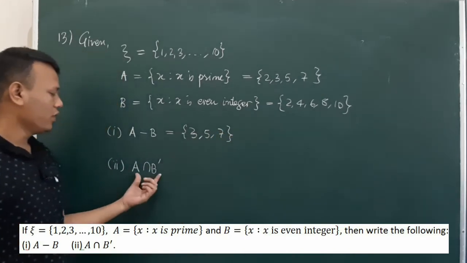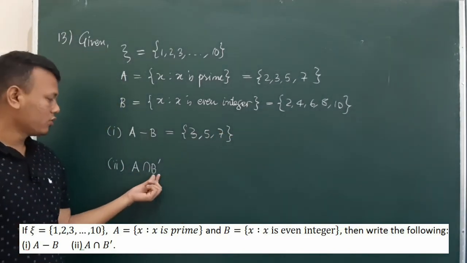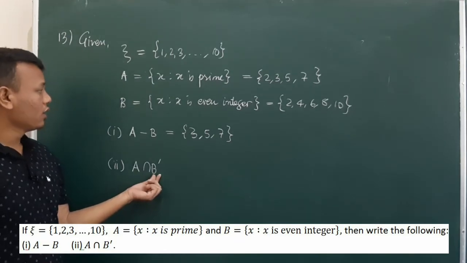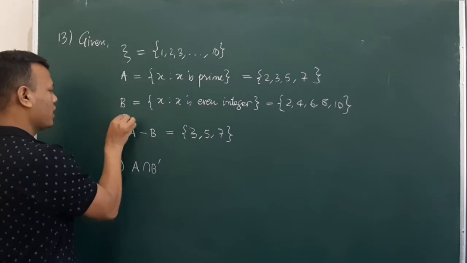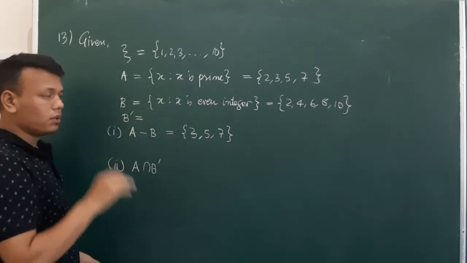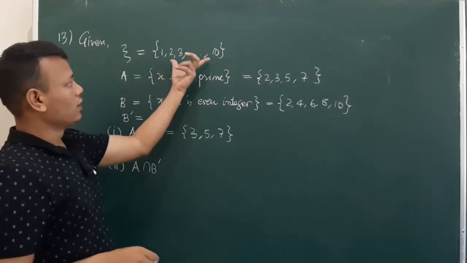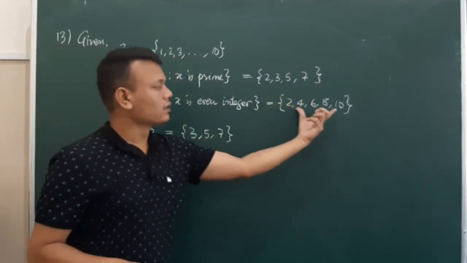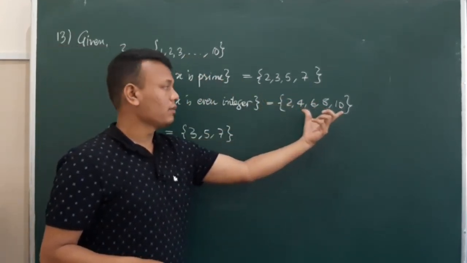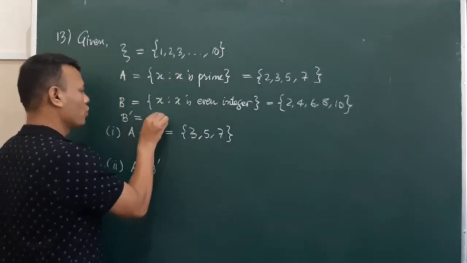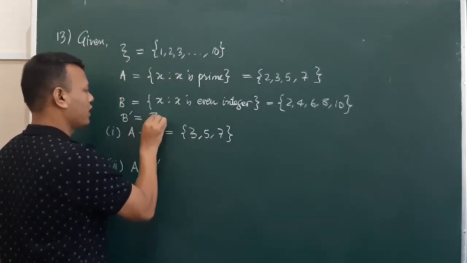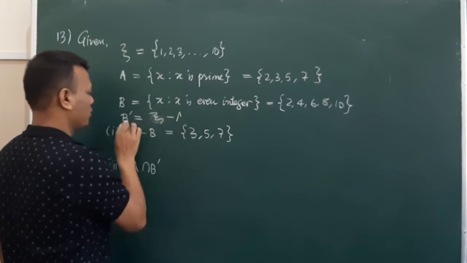Now in order to evaluate this, first we need to see what is B dash. Okay, so let's write B dash out here. B dash will be equal to how much? B dash will be the elements of the universal set, that is U, minus B, isn't it?